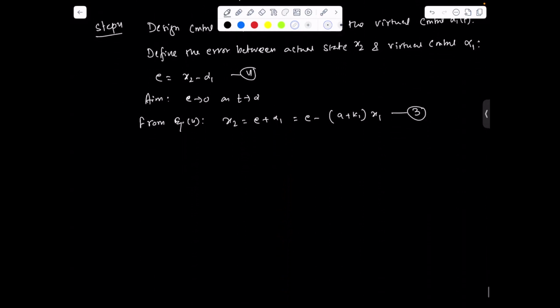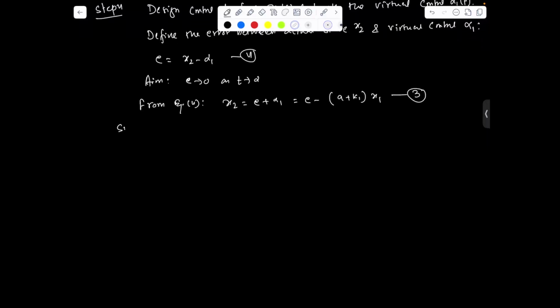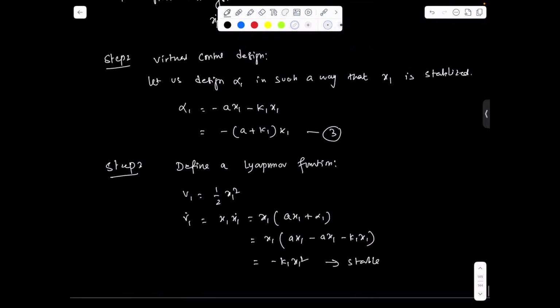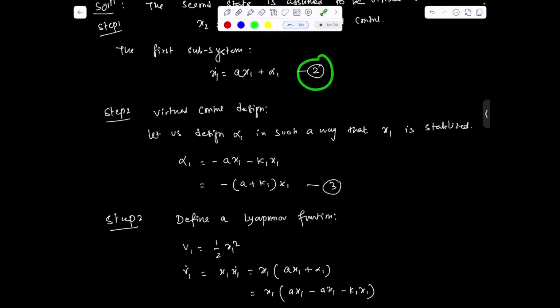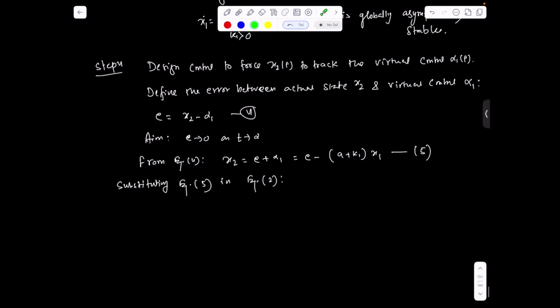Now we substitute this x2, equation 5, into equation 2, so in place of alpha 1 we put the x2 expression.